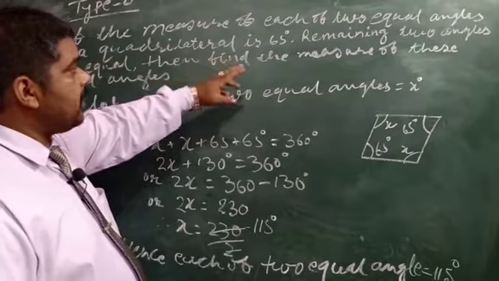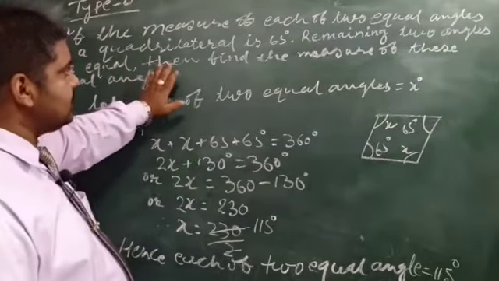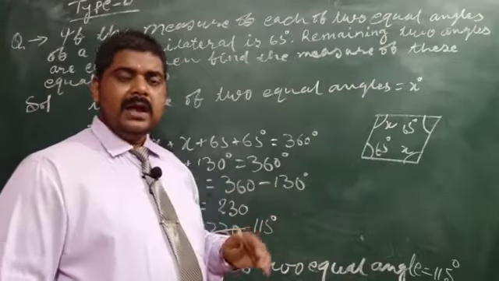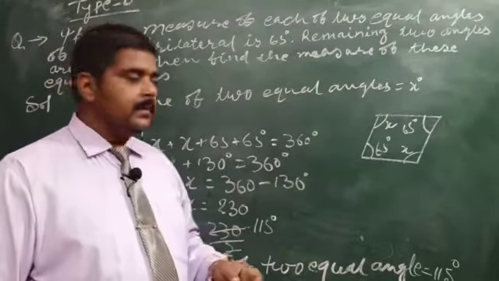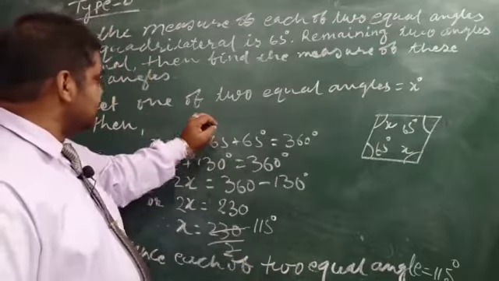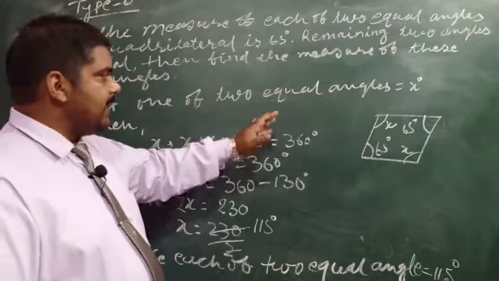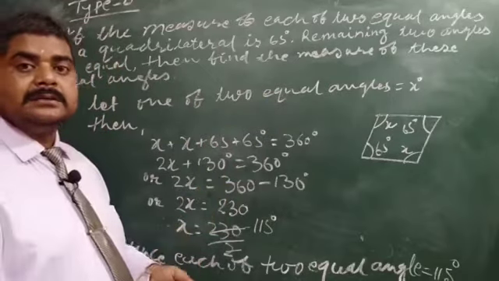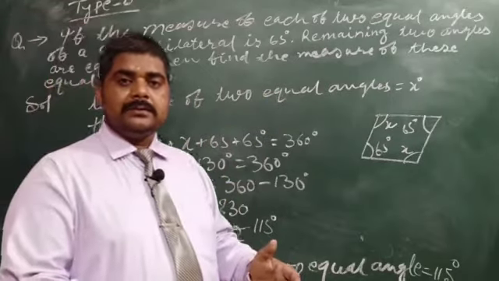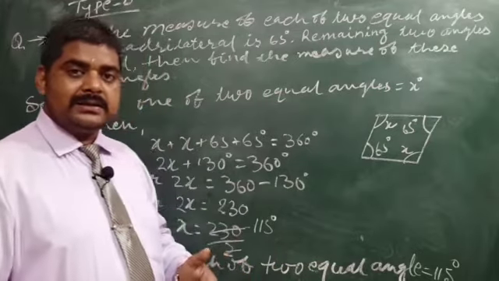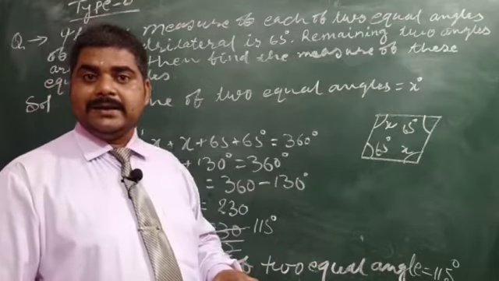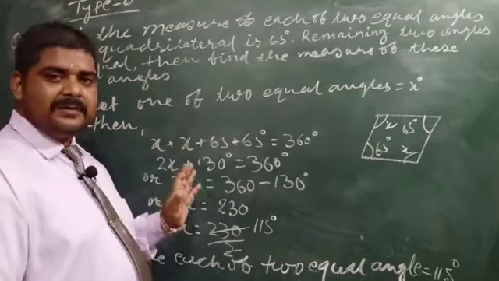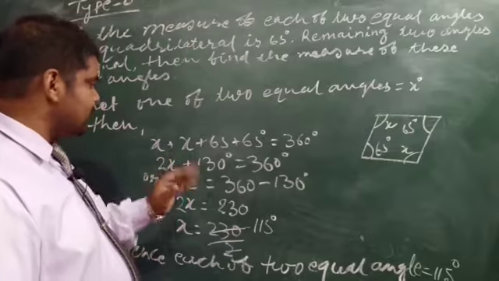My dear student, you can just see this question. If the measure of each of two equal angles of a quadrilateral is 65 degree, two angles have been given 65 degree, and the other two angles are equal. Suppose one of the two equal angles is x degree. You know that the sum of all angles of a quadrilateral is 360 degree by the angle sum property, and this is why x plus 65 plus 65 is equal to 360 degree.